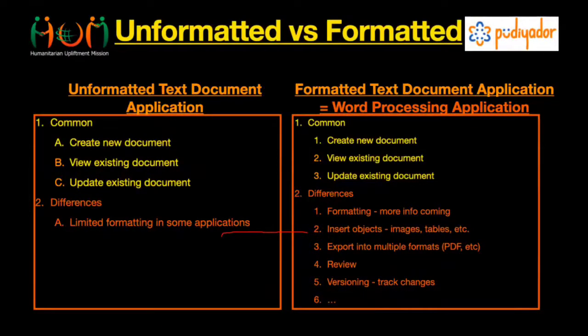So I'm not going to go into a lot of details like how to do review, how to do versioning, because those are all very advanced concepts in word processing. But if you ever want to know how to do versioning inside the document, how to do reviews, how to insert comments, we can always talk about it after our lecture series.